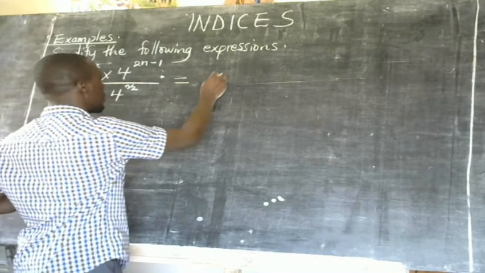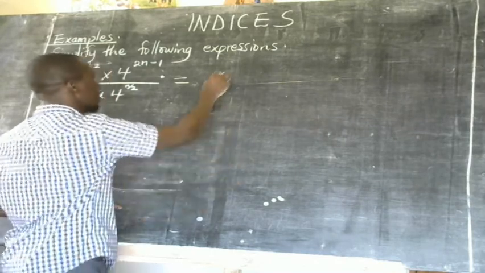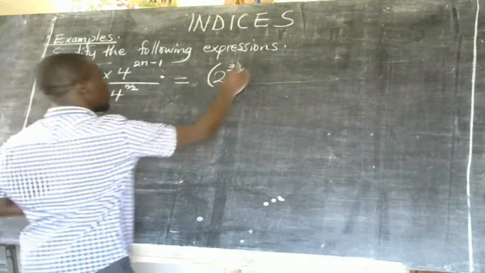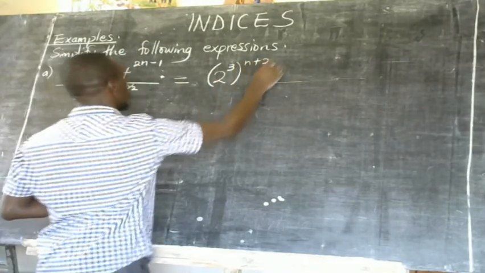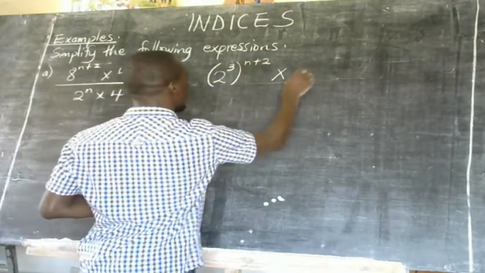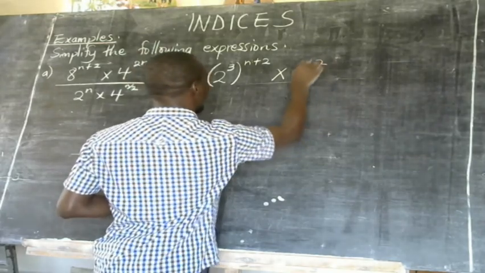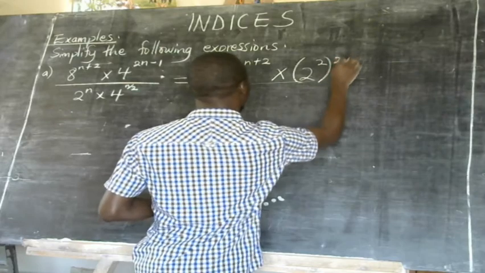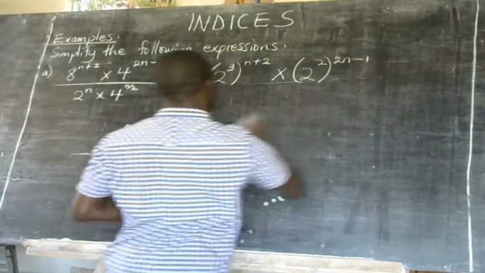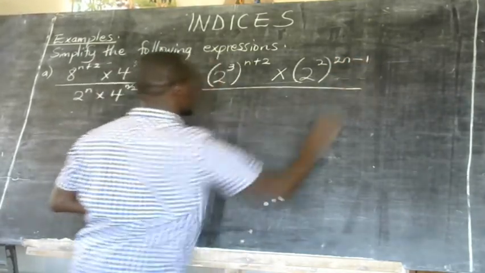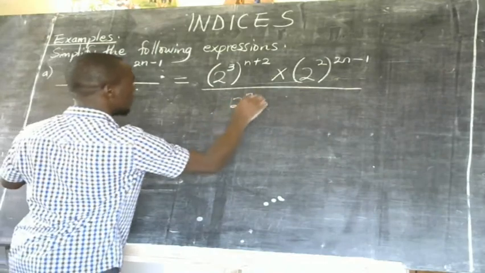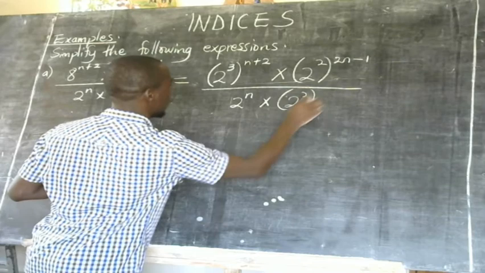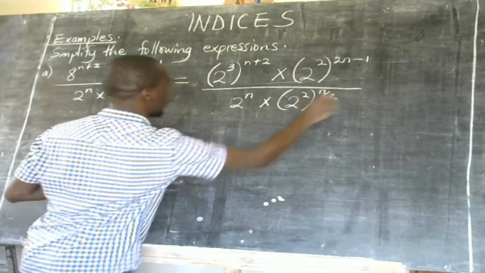So the 8 is the same as 2 power 3, but we have a power there, n plus 2, then times the 2 power 2, the same as 4, then there is also another power outside there, then divide by 2 power n times 2 squared into n all over 2.